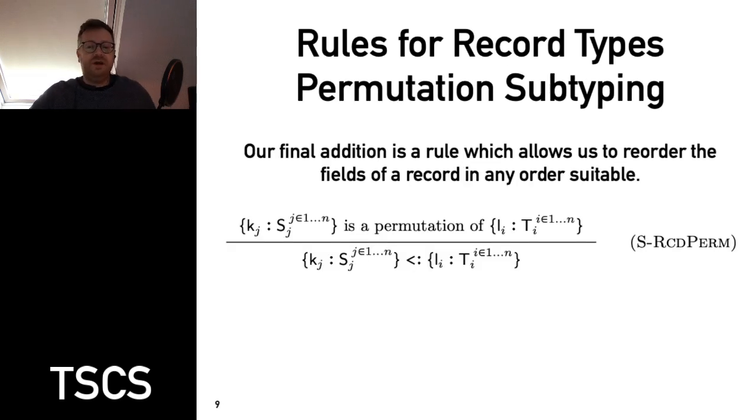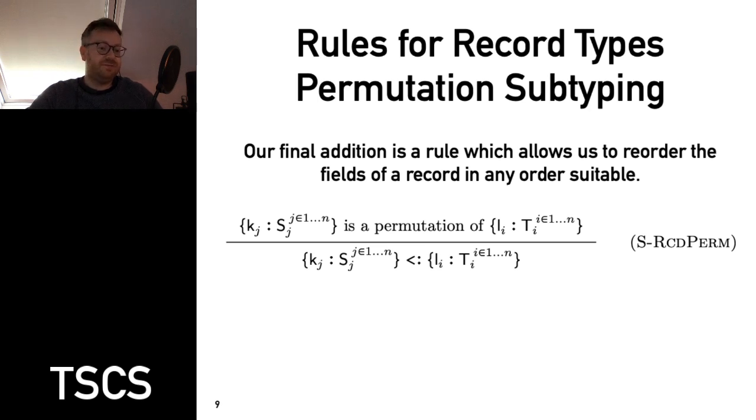And the final rule allows us to reorder the fields of a record. Remember that the order was given by this sequence of li and ti. However, you can find a permutation of that, and that's considered to be a subtype of this. So you can reorder stuff in a record now.